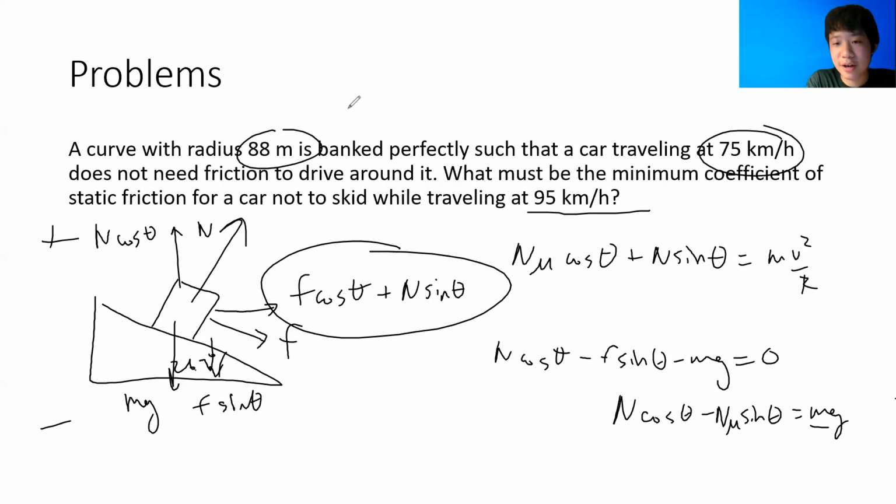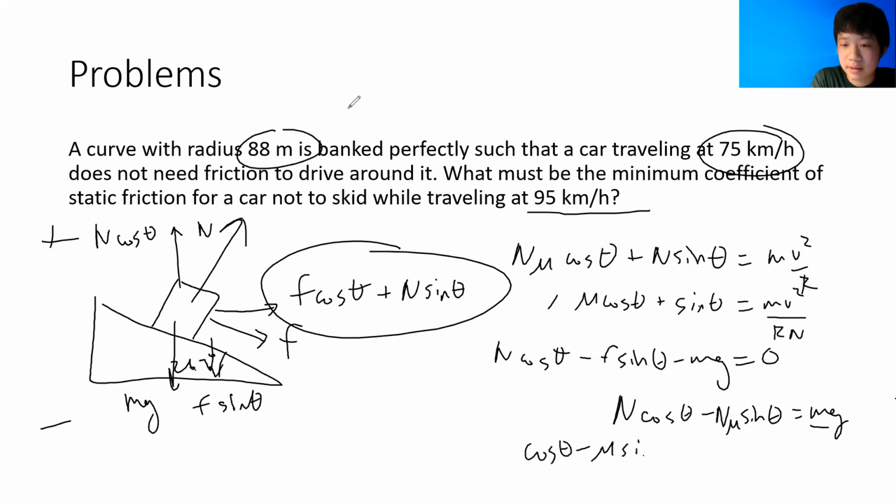So now if we factor out an n from the first one, we'll have mu cosine theta plus sine theta as equal to mv squared over r times normal force. If we do the same for the bottom, we're going to have cosine theta minus mu sine theta equal to mg over normal force. All right. So now we have these two equations here.